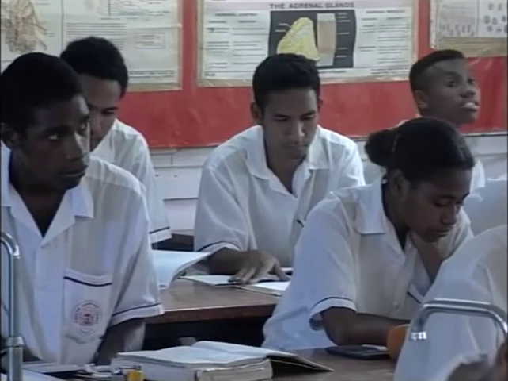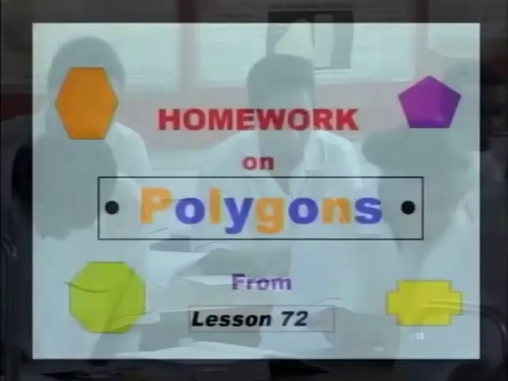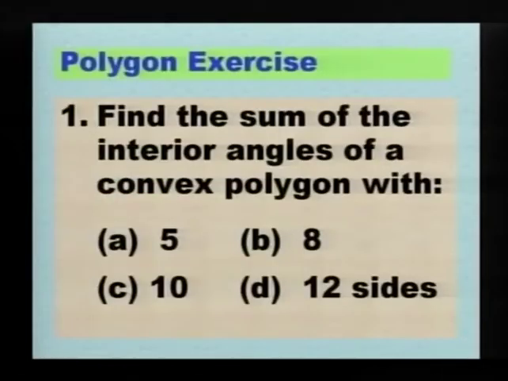Okay, we have to look at the homework you were given. Question 1, find the sum of the interior angles of a convex polygon with A, 5 sides, B, 8 sides, C, 10 sides, and D, 12 sides. I want some volunteers, please. Gabriel, the sum of the angles of a 5-sided polygon. 540 degrees.